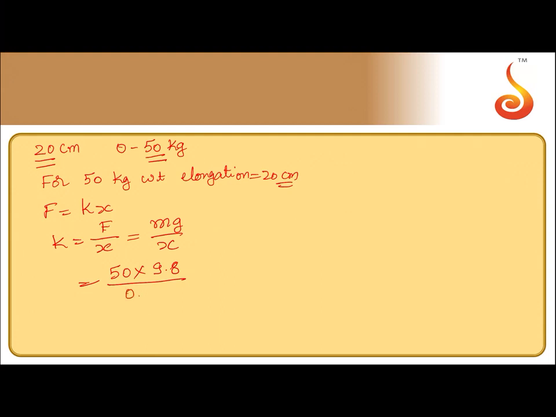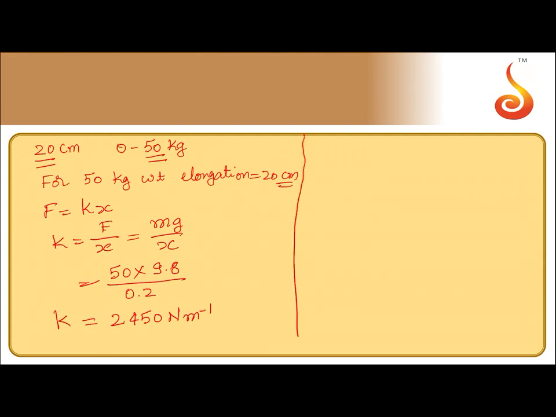Divided by, this is in centimeter, converted to meter, that will be 0.2. So this turns out to be 2450 Newton per meter. This is the value of k.